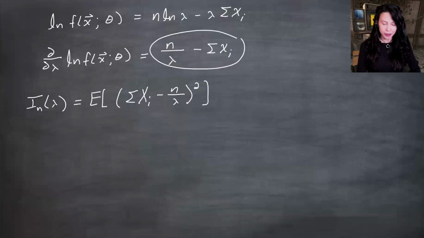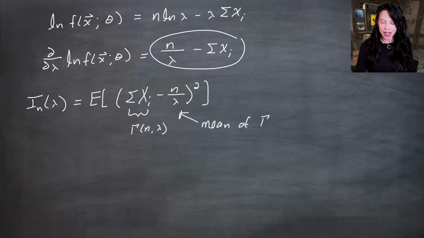But we do have other options because right here is the sum of n IID exponential random variables with rate lambda. So we know this has a gamma distribution with parameters n and lambda. And then this is the mean of our gamma distribution with parameters n and lambda if you parameterize it the way we do in this course. So this is a gamma random variable minus its mean, squared, and then the expectation.